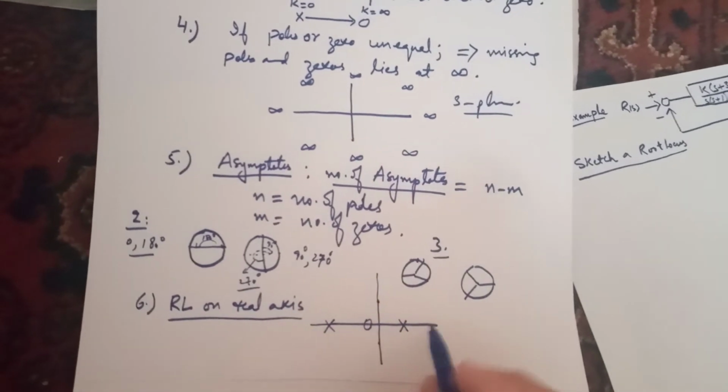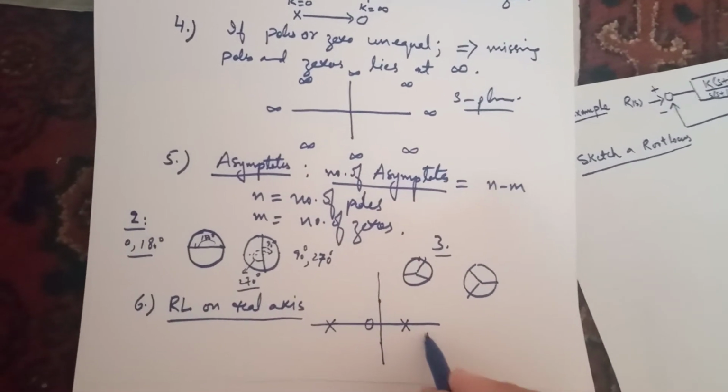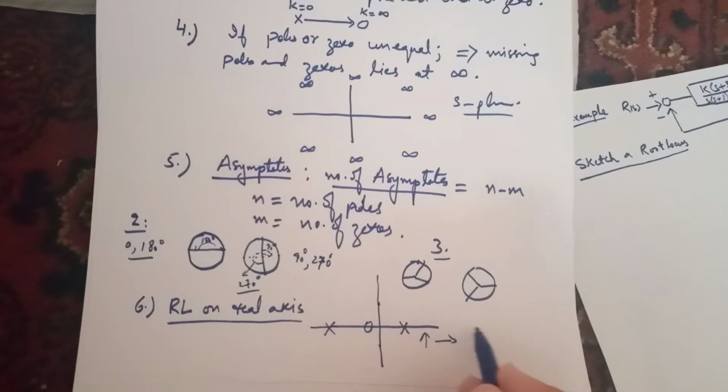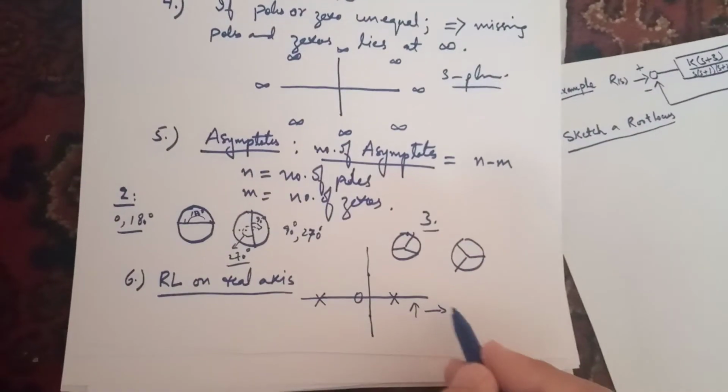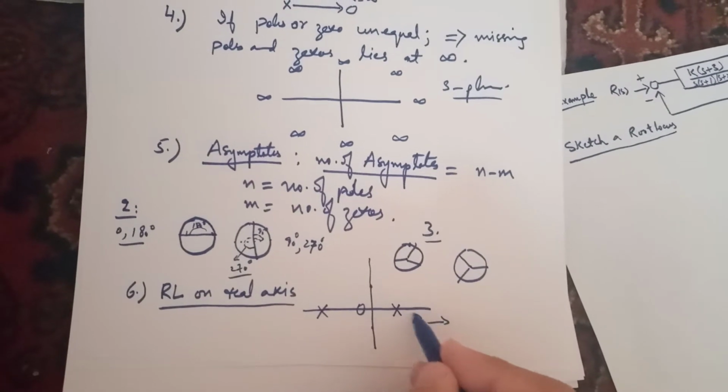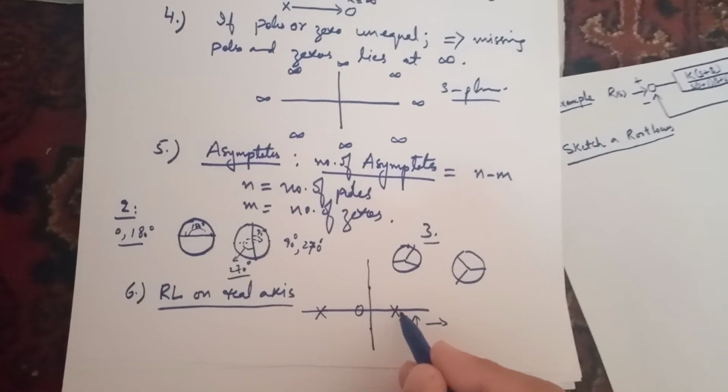On the real axis, if you are here you have to look in this direction. If there is no pole or zero, this means that there will be no root locus till the next pole comes.